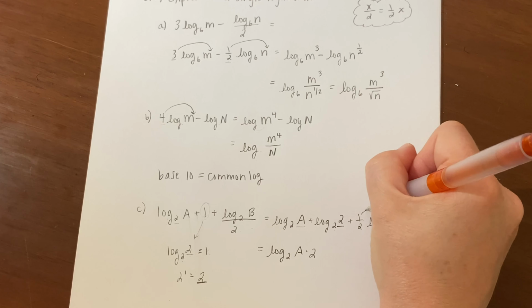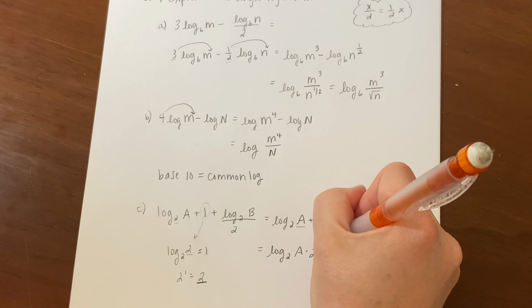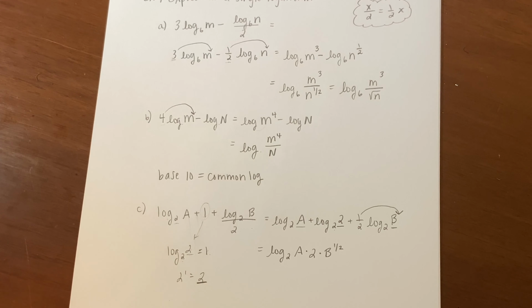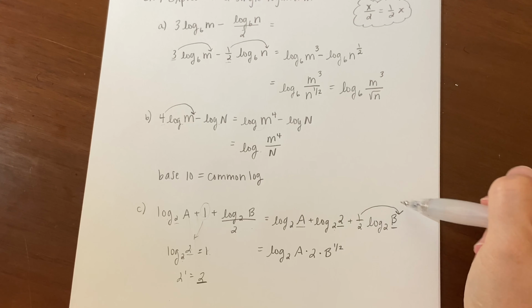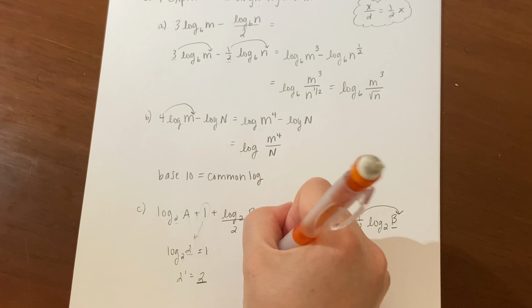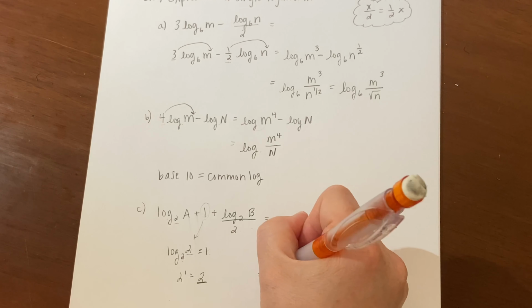And then here we need to move up this 1/2 as an exponent, and then we're going to multiply it by b to the 1/2. So I did 2 steps there. I brought up the exponent, and then I condensed the logs. All right, so we have a times 2 times b to the 1/2.